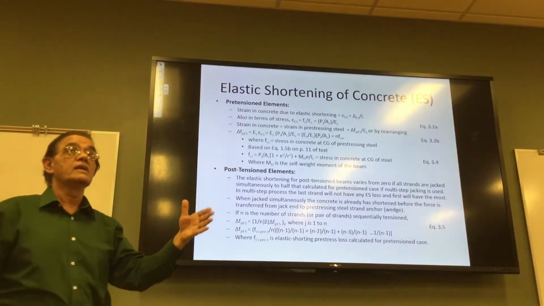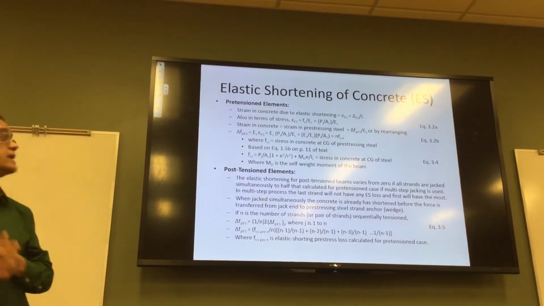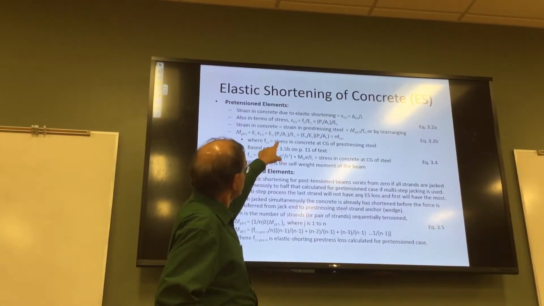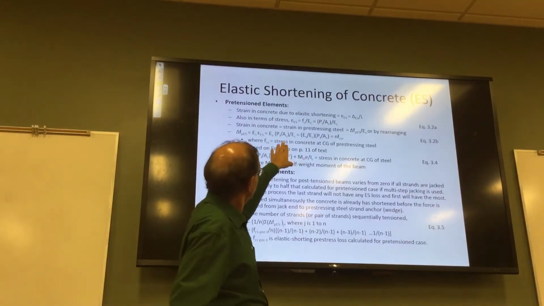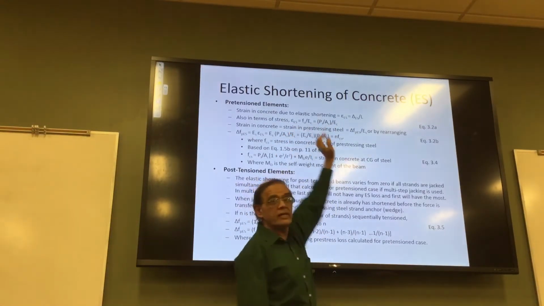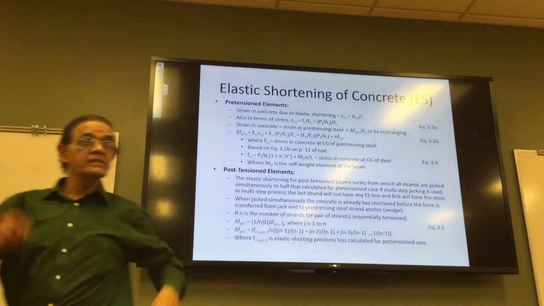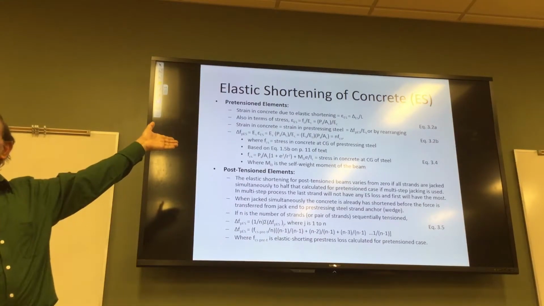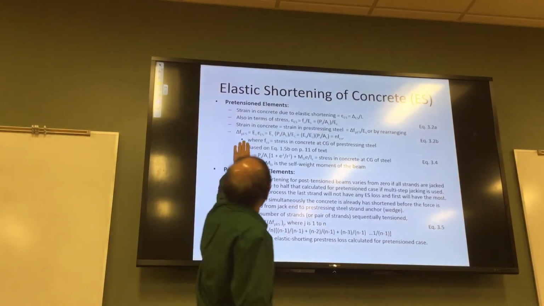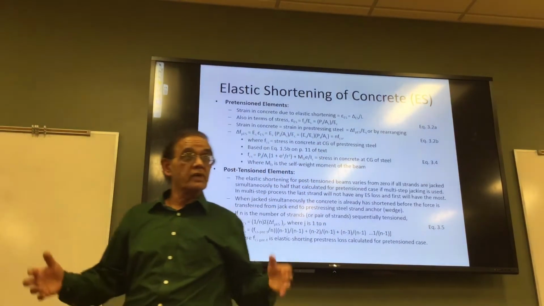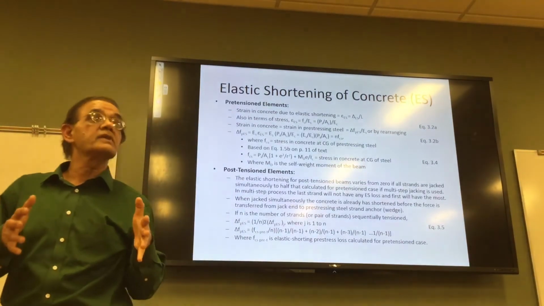That's the strain your concrete has gone through. Then you can also say in terms of stress, the strain epsilon ES is related to fc. So you take the Ec on the other side and you can calculate the stress in your concrete, right? Okay, so once you do that, then you can do strain compatibility, because the 2 materials are working together.